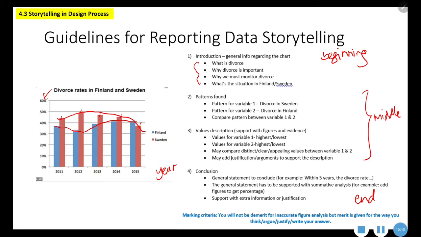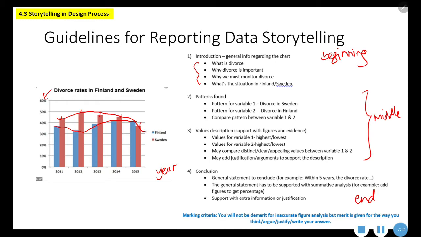And then the third paragraph describes the values that you can see on the chart. In this values description, you support your points with figures and evidence. For variable 1, divorce in Sweden, try to find the highest value and the lowest value for divorce rate in Sweden.